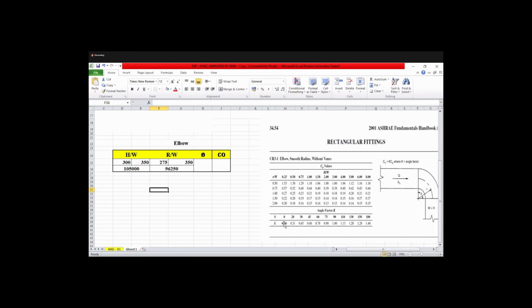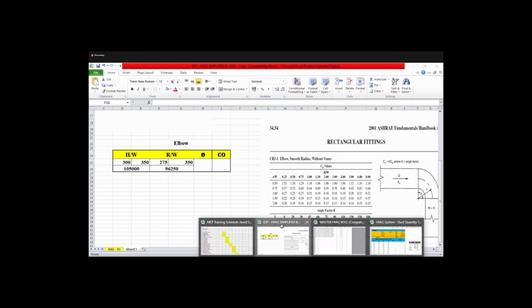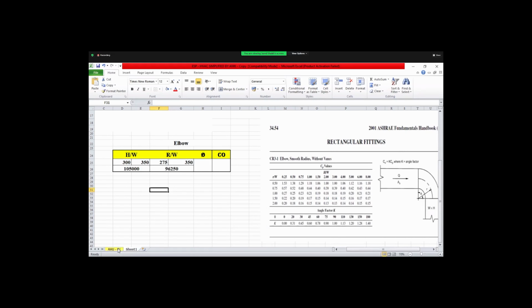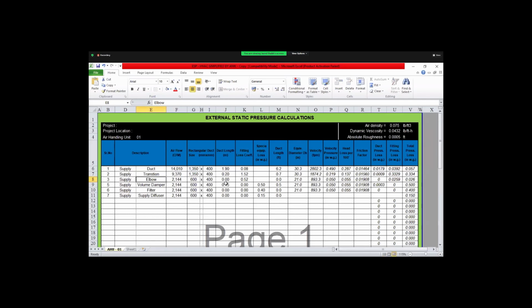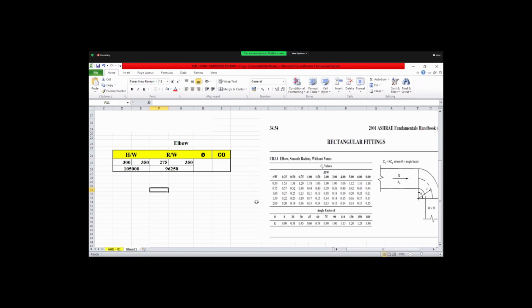So we can take a standard value here, 0.52 for elbow. Because our elbow is 90 degree, the angle factor here is 0.